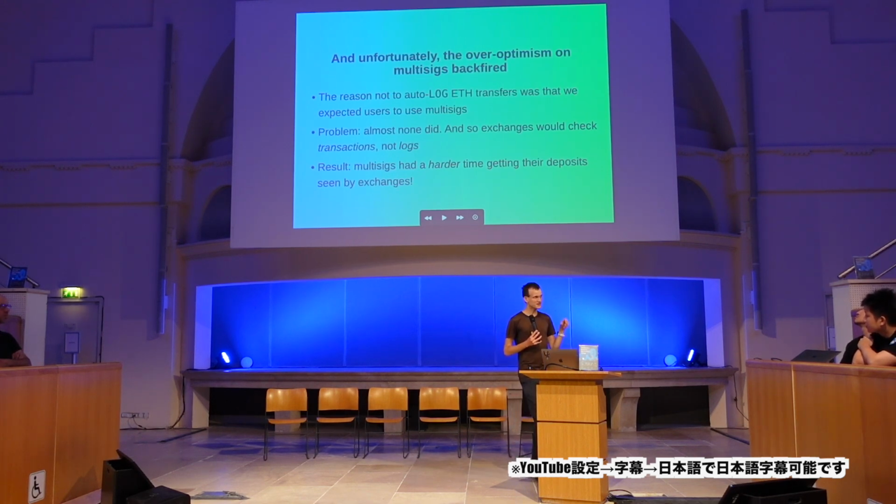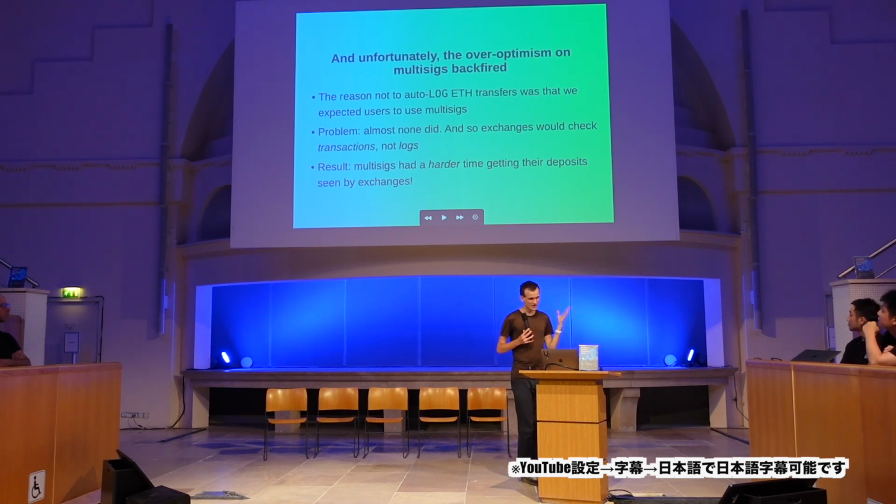Now, the way that we designed every smart contract wallet and even ERC20 tokens is that it issues a log every time you sign. ETH transfers were never logged. Why? Because at the time when we decided this, we thought people would be using multi-sigs. The problem is almost nobody did. Almost everybody used single signature EOA wallets.